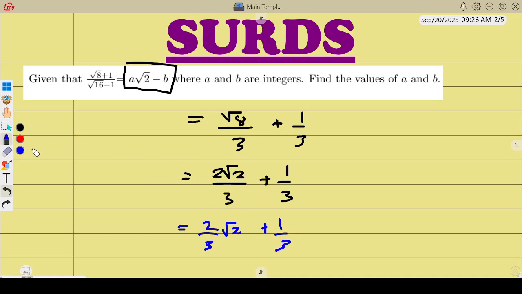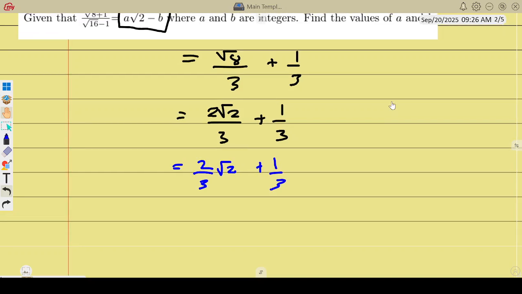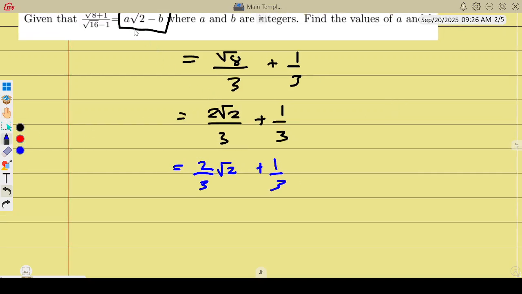We can see what the question simply wants: the number in front of root 2. This will be our A, and we want the form minus B, so B is 1 over 3.